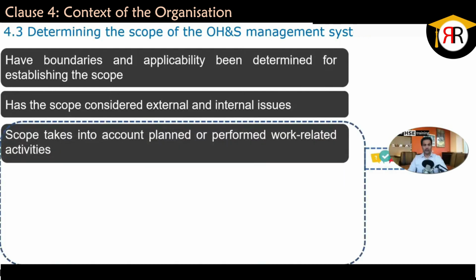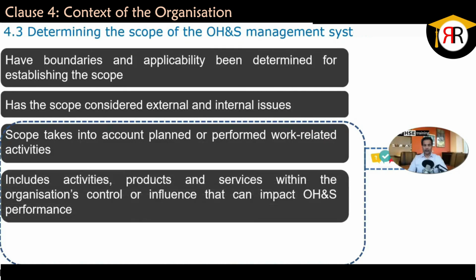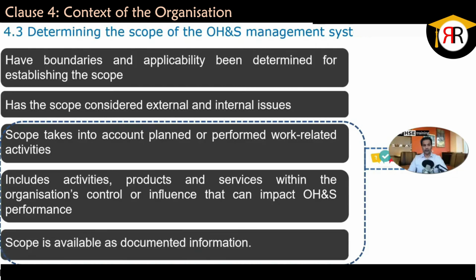Does the scope take into account planned or performed work-related activities? And does it include activities, products, services within the organization's control or influence that can impact the OHS performance? And finally, is the scope available as documented information?